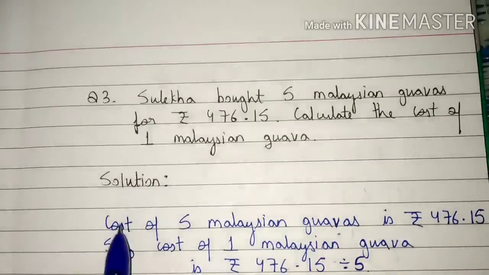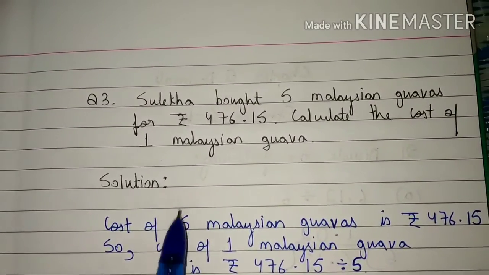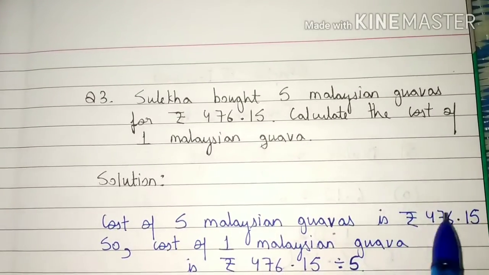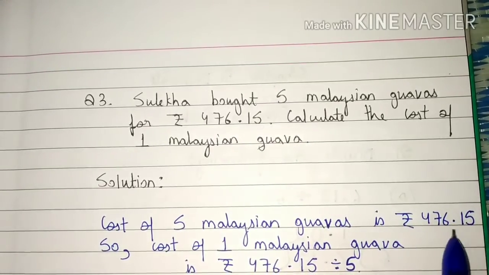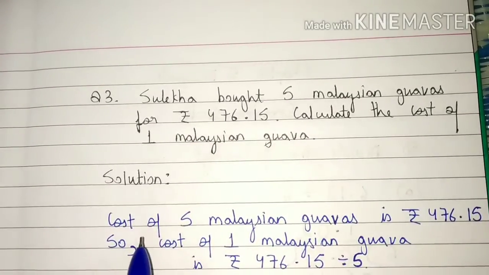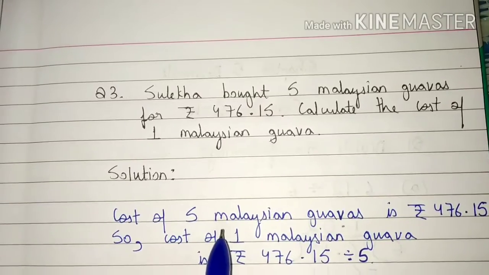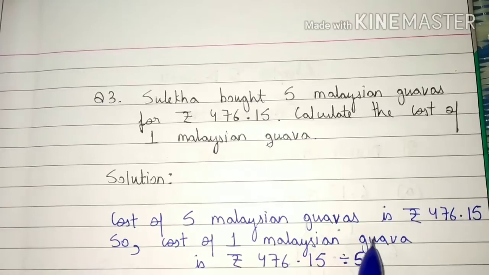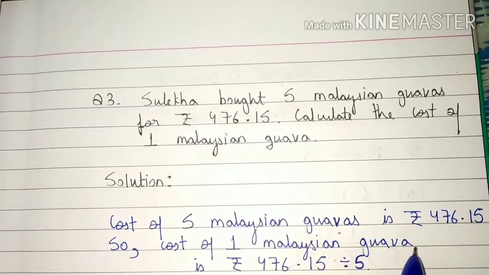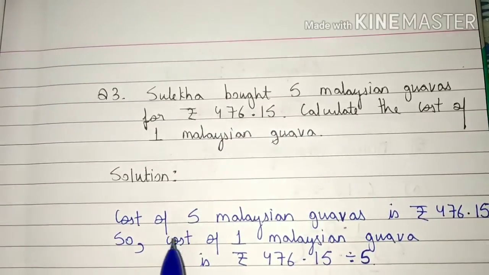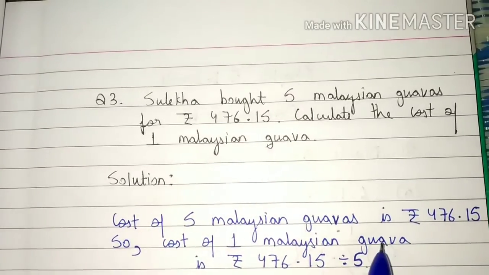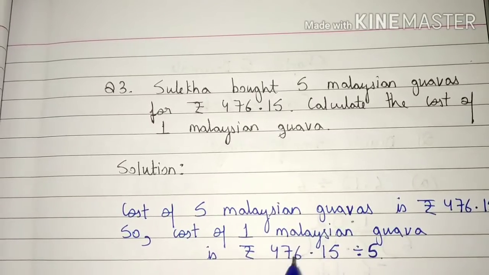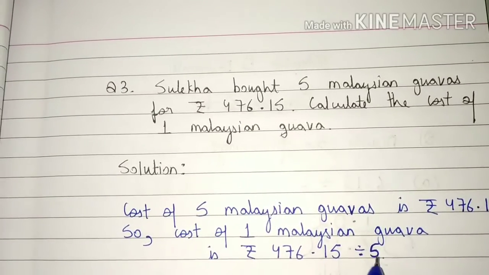Here larger quantities is given to you, that is cost of 5 Malaysian guavas is rupees 476.15, and we have to find out in smaller quantities, that is cost of 1 Malaysian guava. So students, in order to find out the cost of 1 Malaysian guava, we will divide rupees 476.15 by 5.